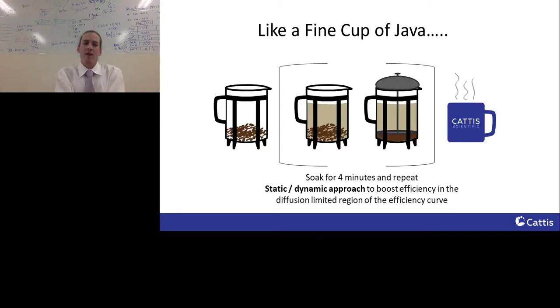So a lot of times I like to explain something complicated, like extracting cannabinoids from cannabis, in terms of something that we do every day. And for me, it's brewing a cup of coffee. So kind of looking at the workflow of brewing coffee, right?